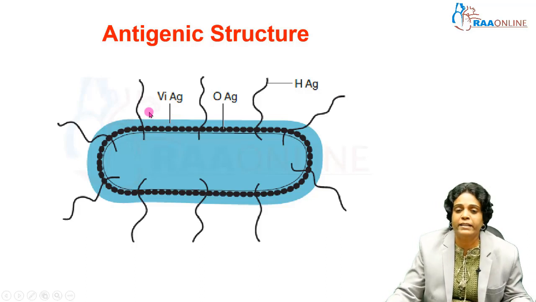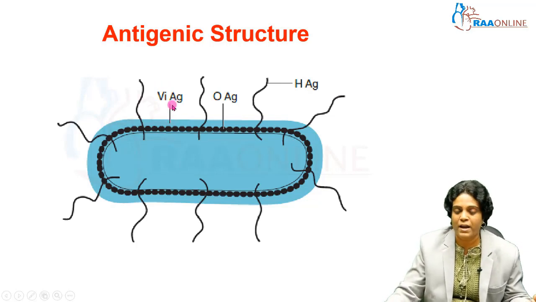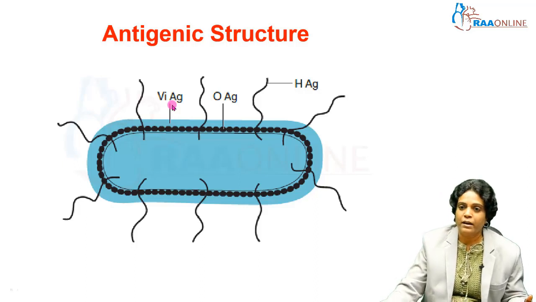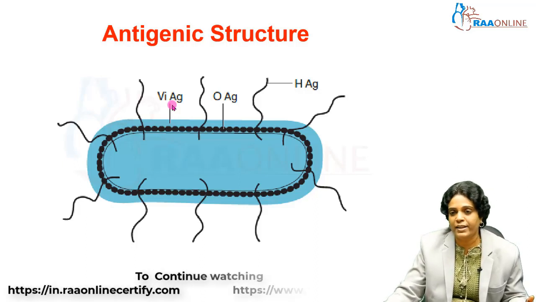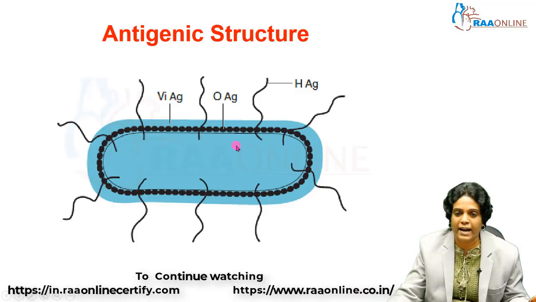Initially they thought the Vi antigen contributes to virulence, hence the name Vi antigen. But actually it is poorly immunogenic compared to the O antigen and H antigen. These are the three main antigens of the genus Salmonella.